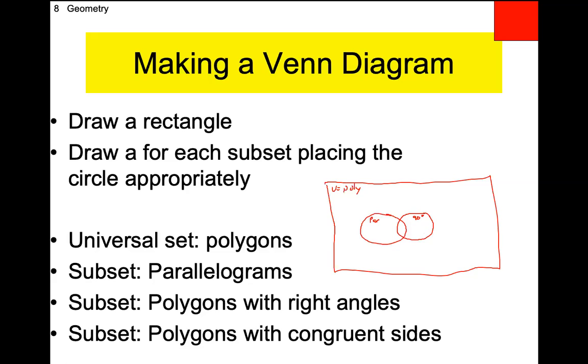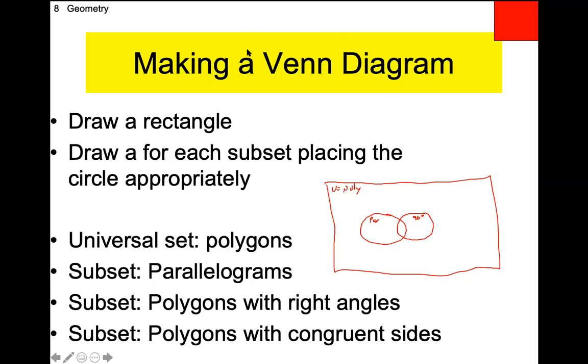Pentagons and whatnot, they could have right angles, but the overlap between your parallelograms and your 90-degree angles would be those polygons that are also parallelograms that have right angles. So those would be your rectangles, your squares. Did I leave anyone off? Your right trapezoids, any of those. Oh wait, right trapezoid is not a parallelogram. So yeah, right trapezoid would be over here, but squares and rectangles would be right here.